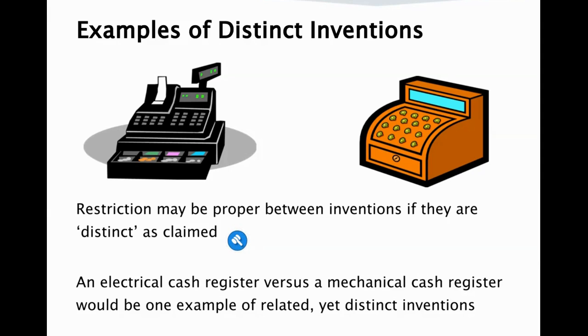However, the registers differ in terms of design. Clearly, the electronic cash register includes circuits and/or software not found in the mechanical cash register. Therefore, the two cash registers would differ in terms of design and may be considered related but distinct inventions.